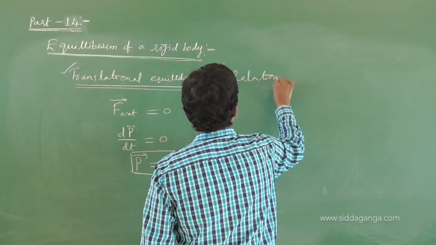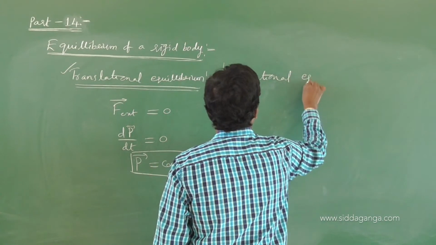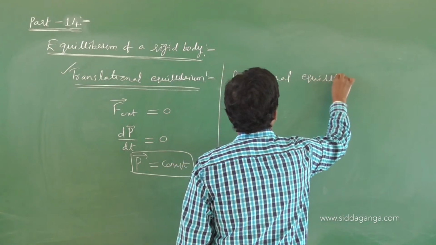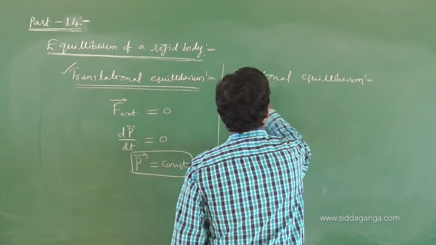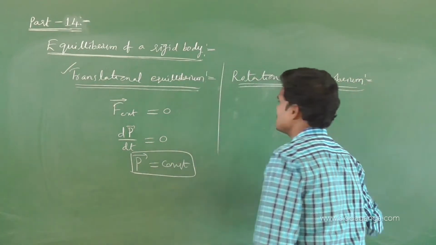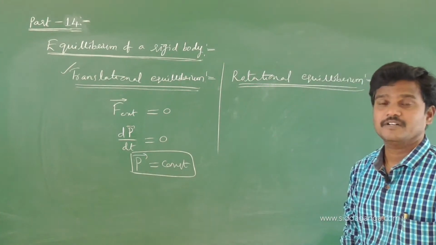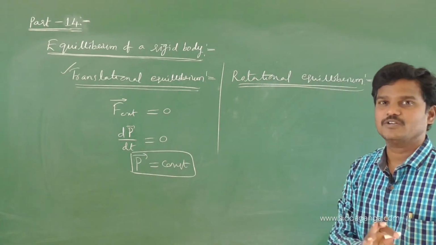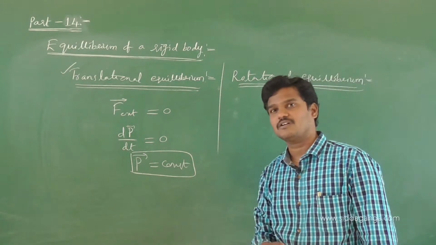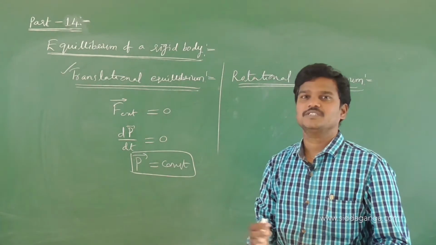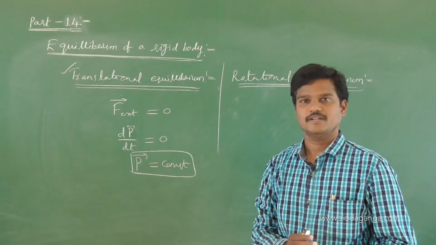In the same way, a rigid body is said to be in rotational equilibrium if the net external torque acting on the rigid body is 0. So, in the absence of external torque, the rigid body is said to be in rotational equilibrium.